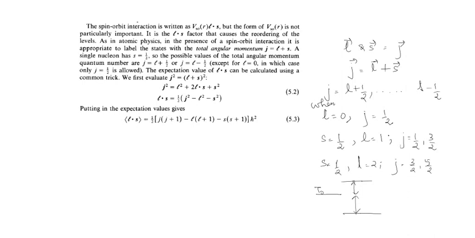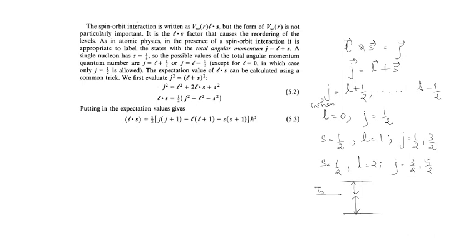So, we are taking the same equation as we did in atomic spectroscopy. When J is the resultant of L plus S, J square would be L square plus S square plus 2L dot S. From here you get an expression for L dot S as half of J square minus L square minus S square.